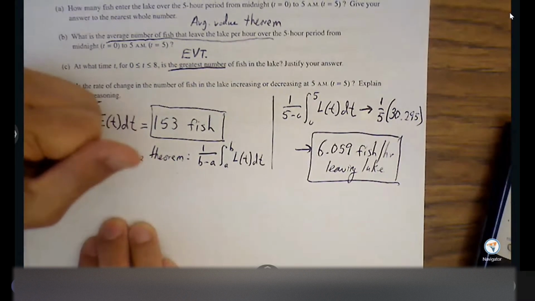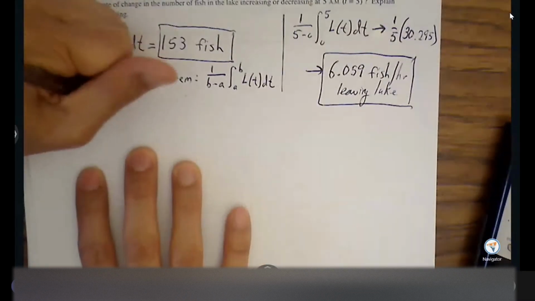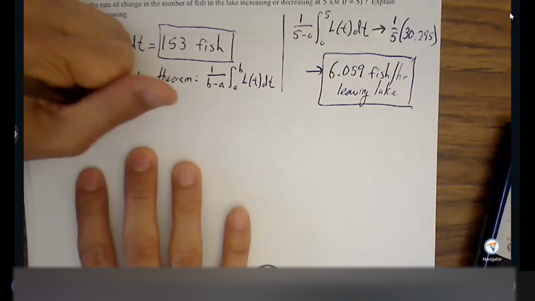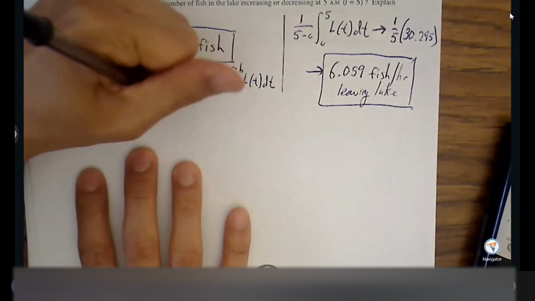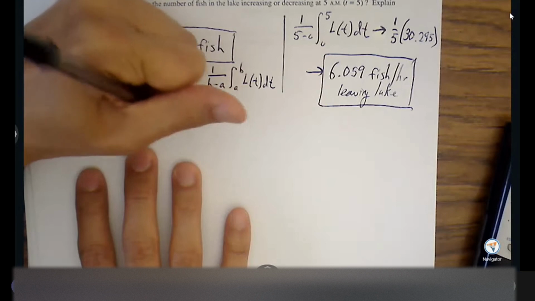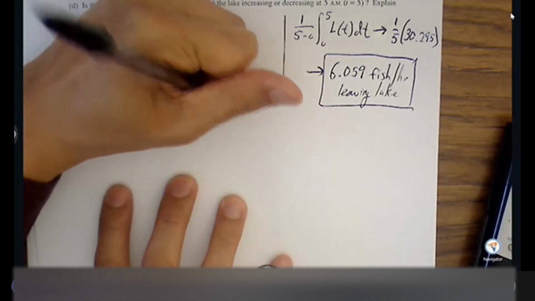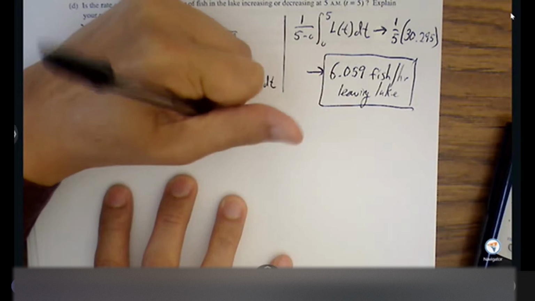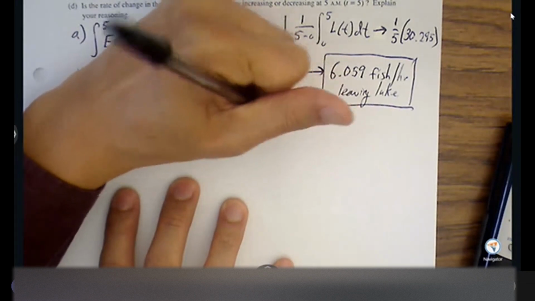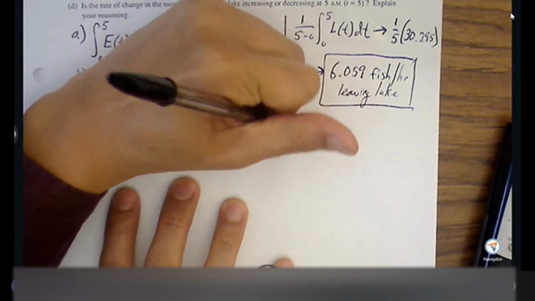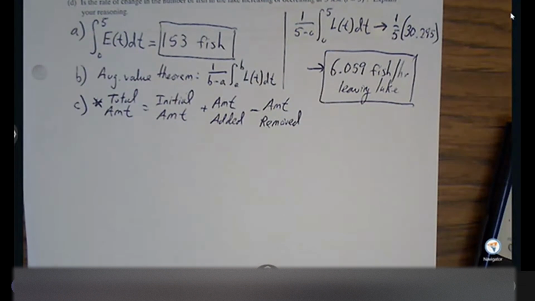So let me write that formula down, and we can adapt it for our problem. Okay, total amount equals initial plus amount added minus amount removed. They love to have these types of concepts on antiderivative word problems. So if I had to bet, you're going to see this play out in one of your number 1 or 2, if I had to guess.